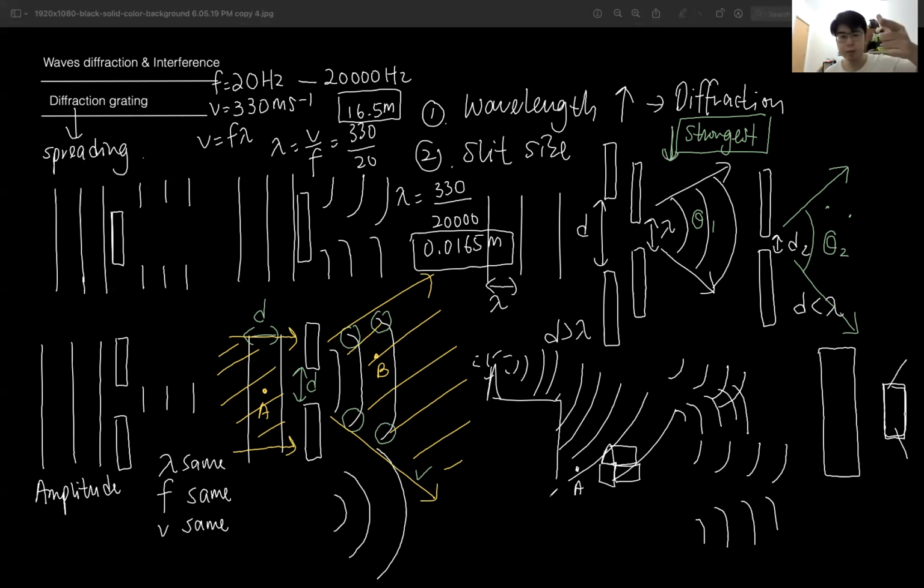But television or the FM radios use much shorter wavelength. They use wavelength that is almost near the microwave region. So if the wavelength is much shorter, that means less diffraction. Less diffraction means there are some places where they have no access.